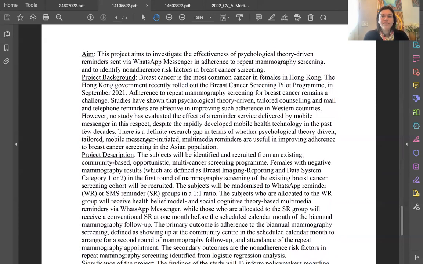This project aims to investigate the effectiveness of psychological theory driven reminders sent via WhatsApp Messenger in adherence to repeat mammography screening and to identify non-adherence risk factors in breast cancer screening. I'm a theory concepts person, so psychological theory driven actually doesn't say anything to me.